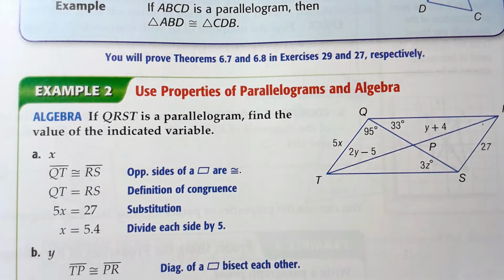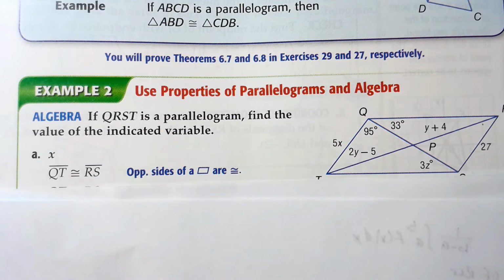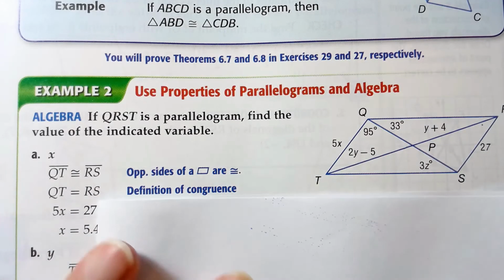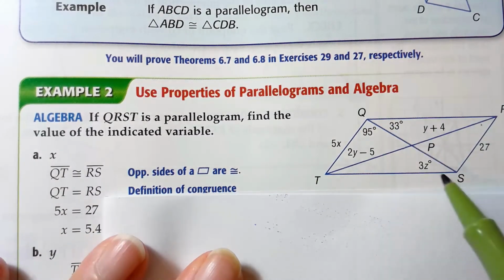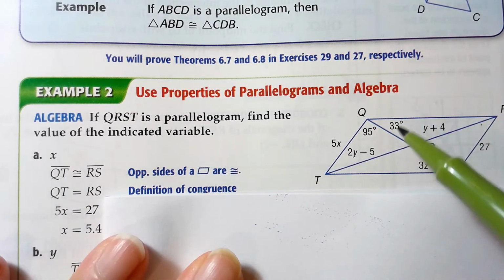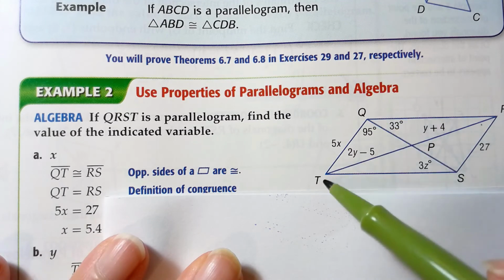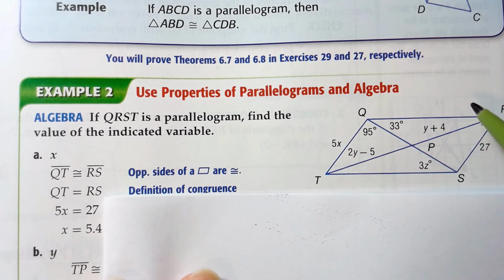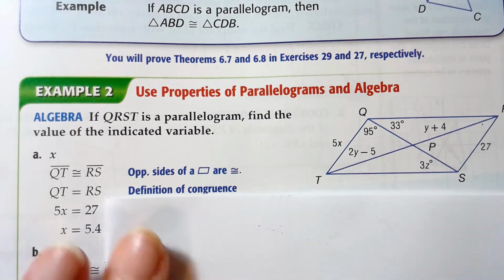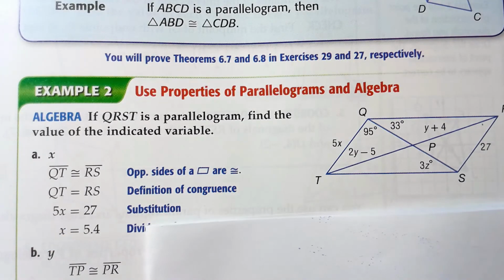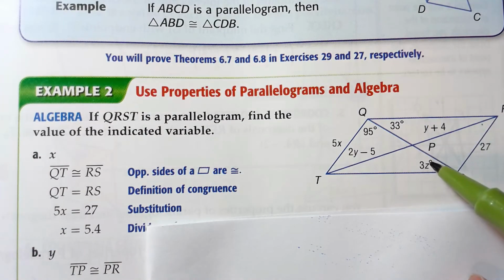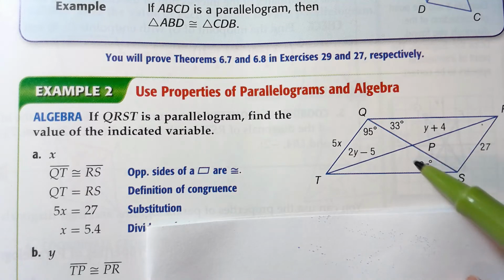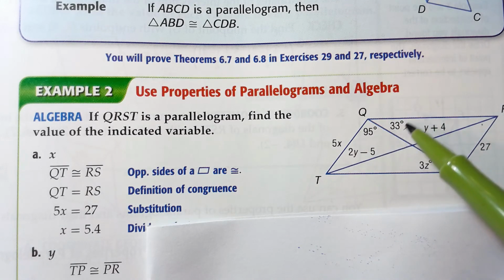Let me move this paper a little bit. Remember, if these are parallel lines, this could be a transversal, so to speak. I know that opposite angles are congruent. So it's not this and this; this whole thing is equal to this whole thing.